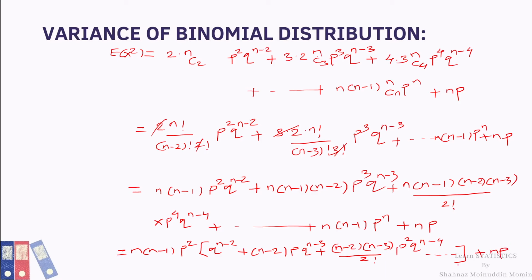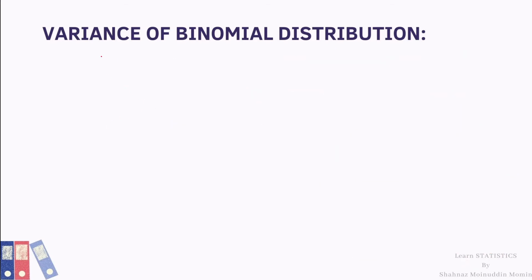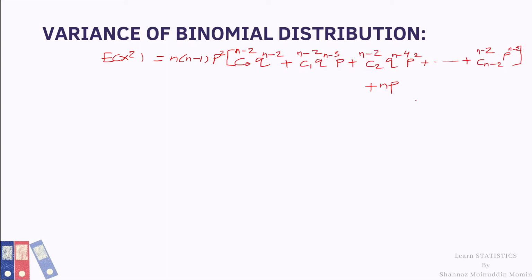Now the terms in the bracket can be written as: expectation of x square is equal to n into n minus 1 p square into bracket, n minus 2 C 0 q raised to n minus 2, n minus 2 C 1 q raised to n minus 3 p, like that up to n minus 2 C n minus 2 p raised to n minus 2, plus the last term is n p.